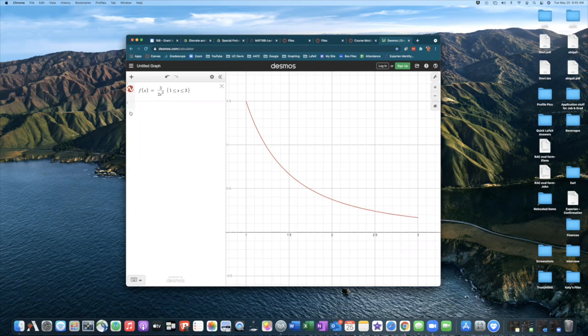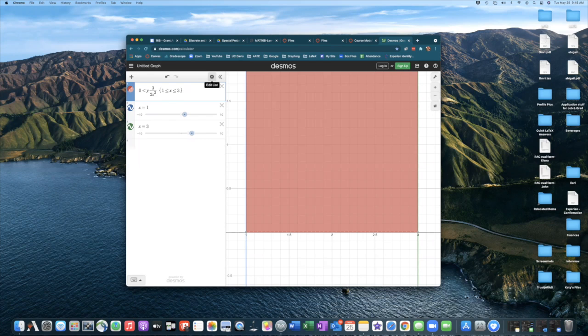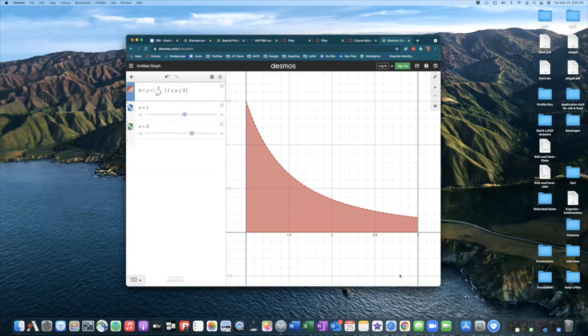Might as well draw some vertical lines here to make it look nicer. Cool. So here's the region we're looking at. There's our region. And our mean, which we just found, was 3 halves natural log of 3.